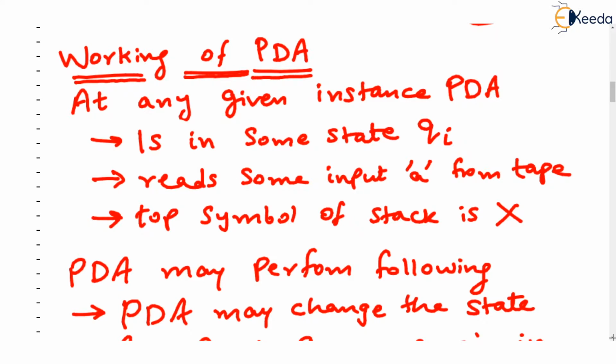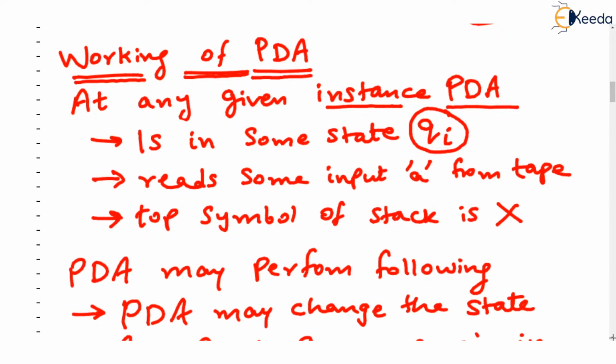Just check that at any given instance, you can think of PDA as running, this machine is running, and you can think of an instance in that particular execution of PDA, that PDA will be in some state Qi, whatever. It might be in Q0, it might be in Q1, but PDA is surely in some state while it is executing.